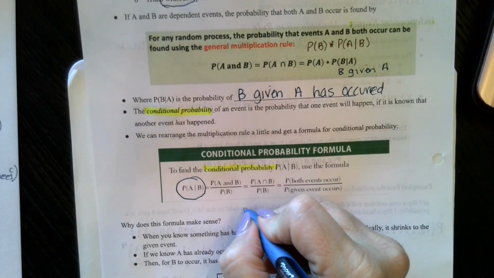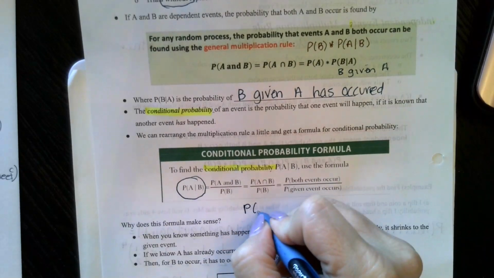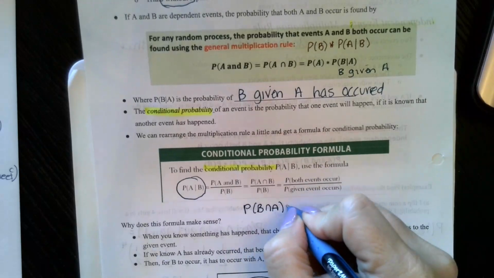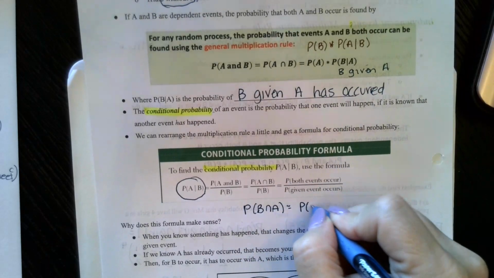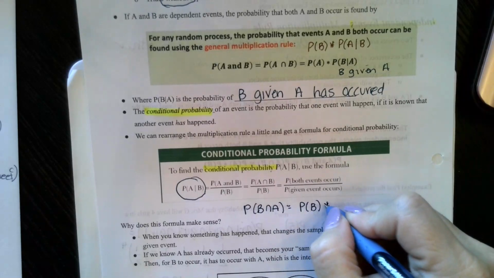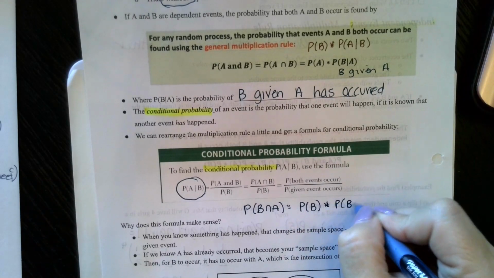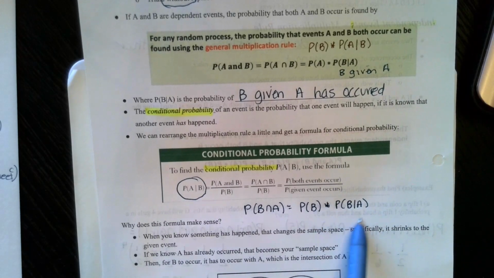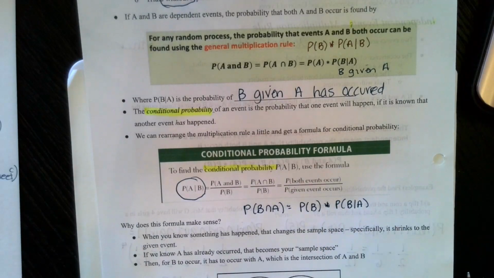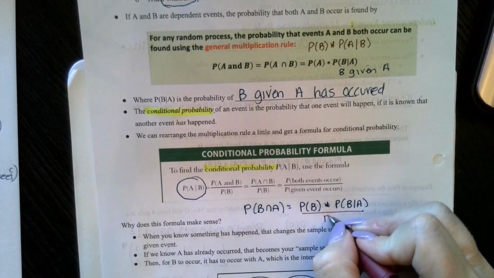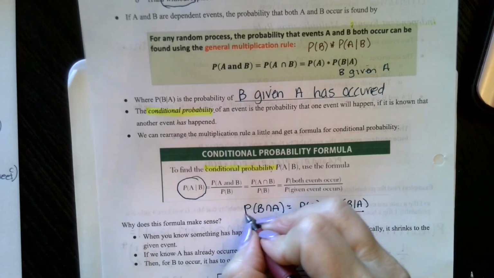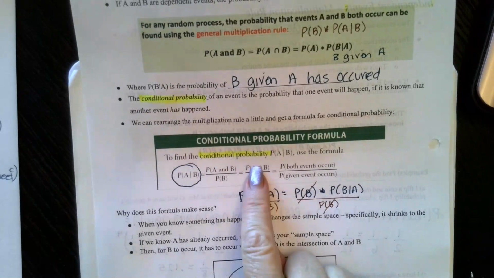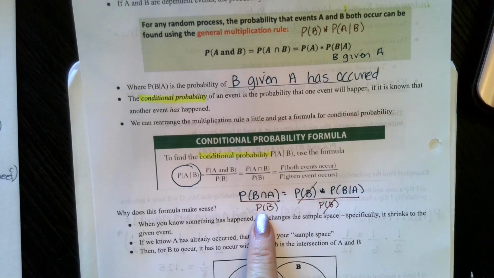So if I write my general equation, probability of B and A is the probability of B times the probability of B given A. If I want just the conditional probability, so just this part, then to isolate that, I would divide this by the probability of B and divide this by the probability of B. And I have my conditional probability statement, right?